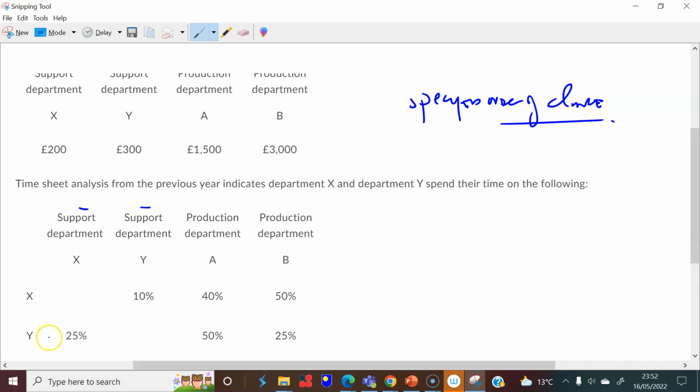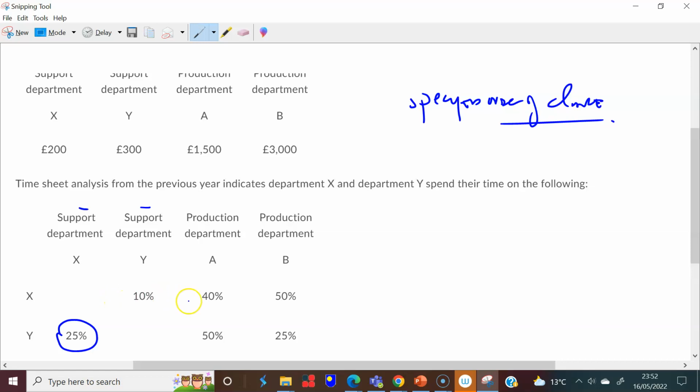So Y, 25% of Y's servicing happens to X, as opposed to 10% of X's servicing that happens to Y. So we always close the larger percentage. And this is for statistical purposes to reduce error. We split the one with the larger percentage in its service to the other. That's what we always do first.